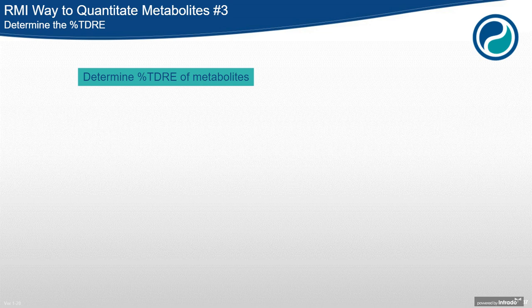So our approach to generate TDRE for metabolites is you determine the MS response factor to demonstrate linearity of MS response. And then, once we have that LC method defined, we use that LC method that we've used to eliminate matrix interferences to actually analyze the human, the rat, and dog plasma samples that we're going to use now for our TDRE comparisons.